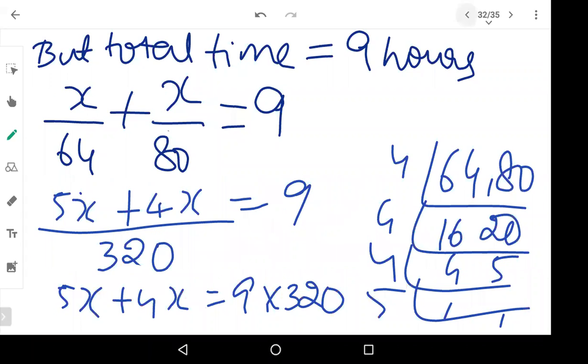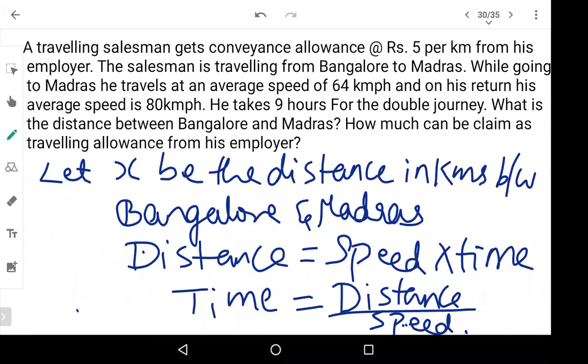Now, let us go back to the question. We have two questions here. First one is, what is the distance between Bangalore and Madras? Which we got the answer 320. How much can be claimed as the traveling allowance from his employer? That is what is required for us to understand.